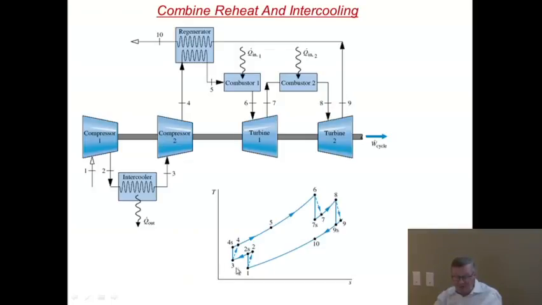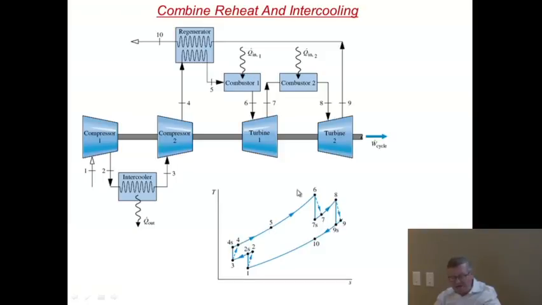So if you follow, you start from 1 to 2s, which is here. Then you come back through the intercooler to 3, which is here. Then you go to the second stage of the compressor from 3 to 4, which is here. From 4 to 5 is where you add the regenerator heat.